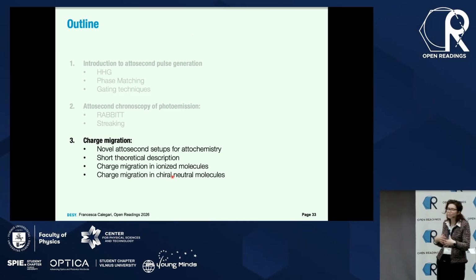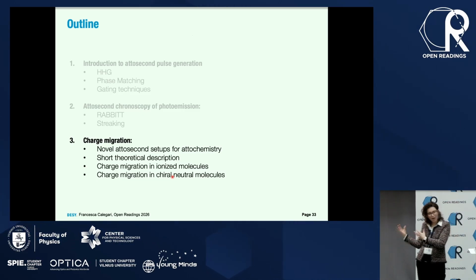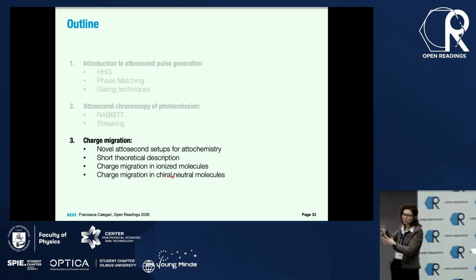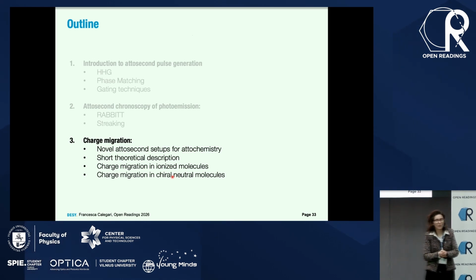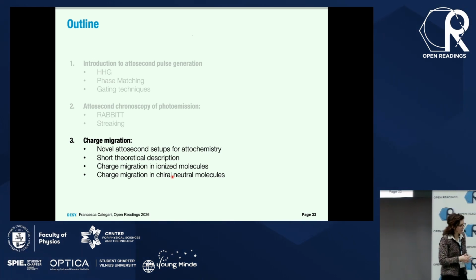I don't want to spend too much time on that because I want to use the second part more to focus on the topic of attochemistry, or what we are trying to do with this technology now.